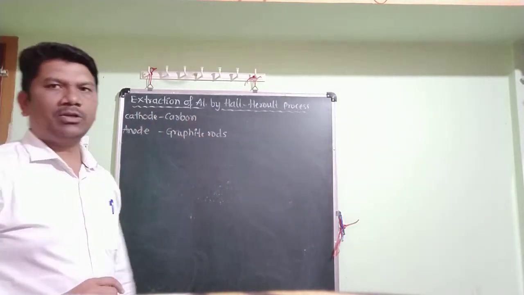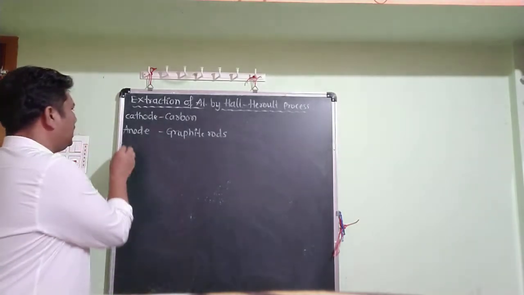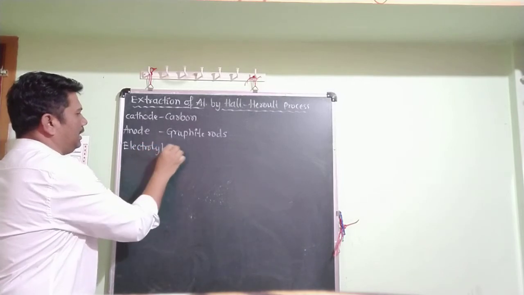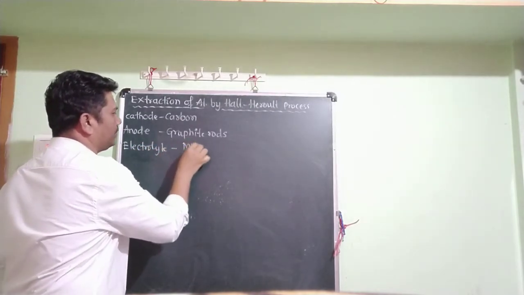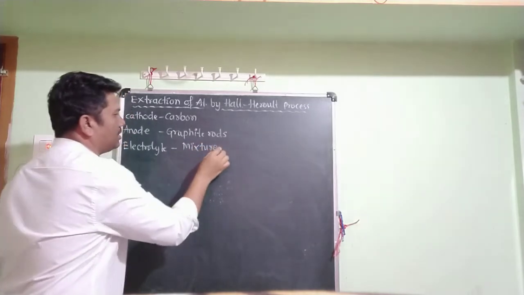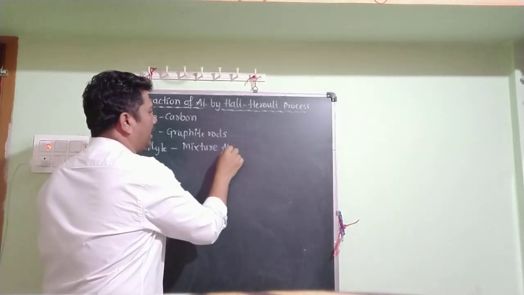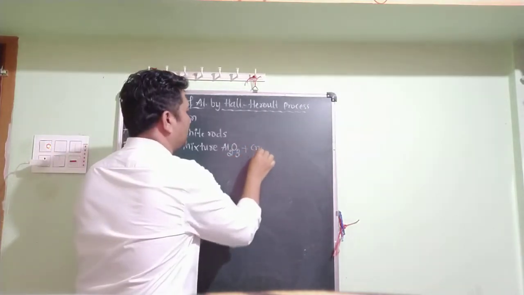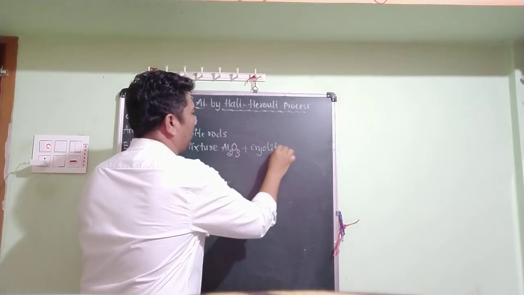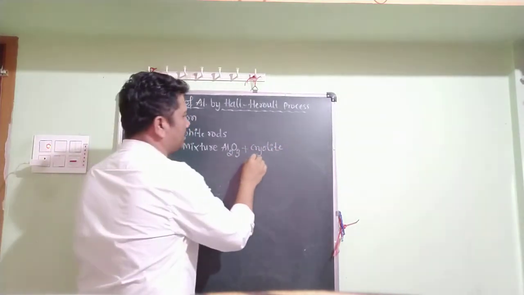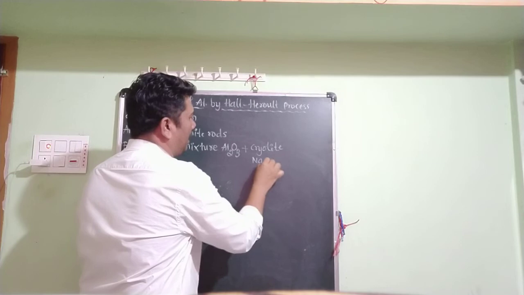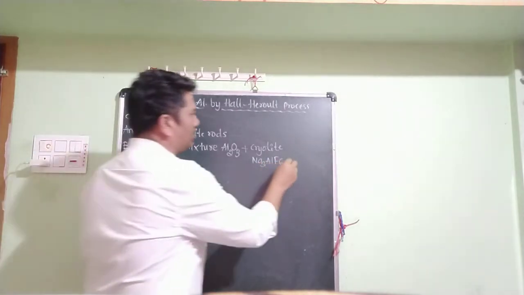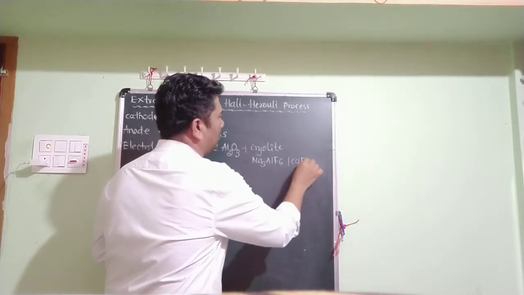And one electrolyte we should use here. The electrolyte is a mixture of alumina, Al2O3, plus cryolite. The composition of cryolite is Na3AlF6, or you can use CaF2, that is fluorospar.